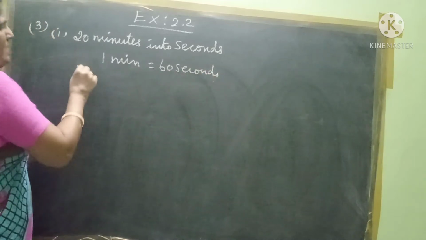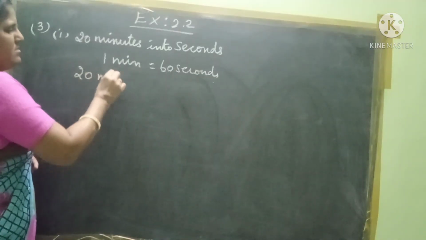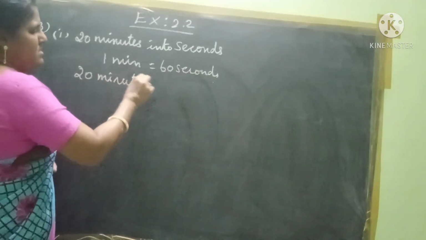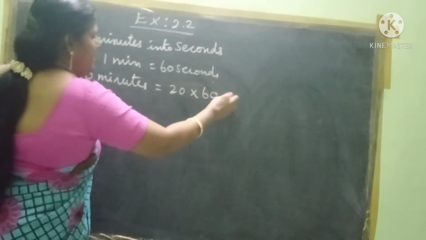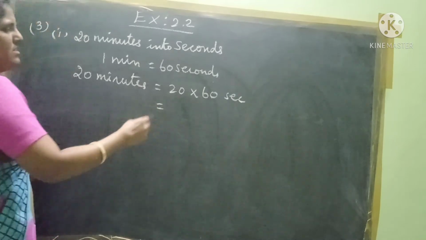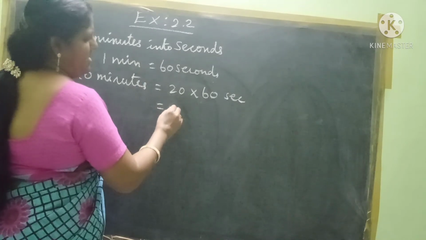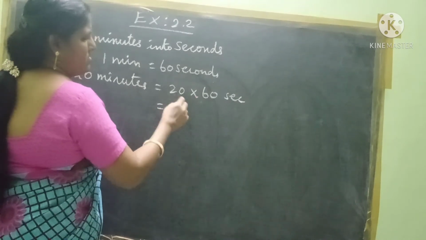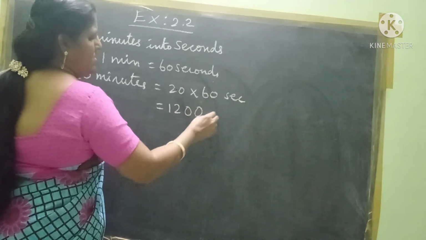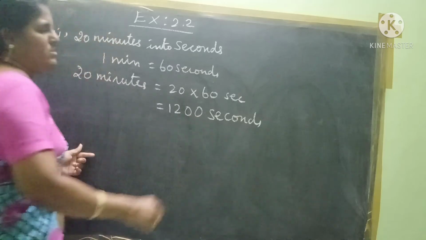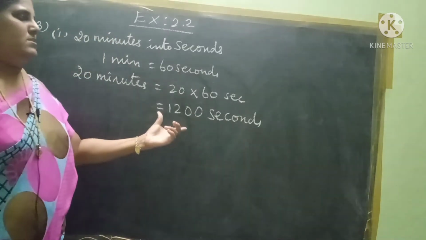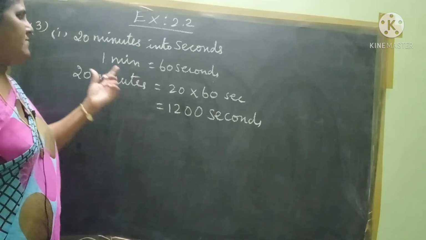Therefore, 20 minutes is equal to 20 into 60 seconds. So 20 into 60: 6 twos are 12, then add 00. So what's the answer? 1200 seconds. 1200 seconds is the first sum.